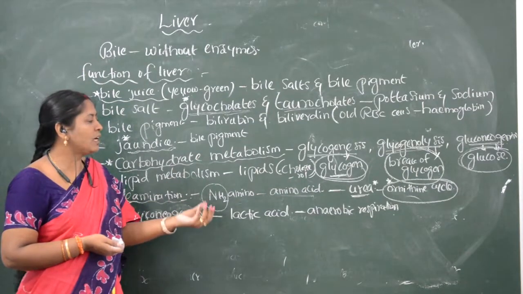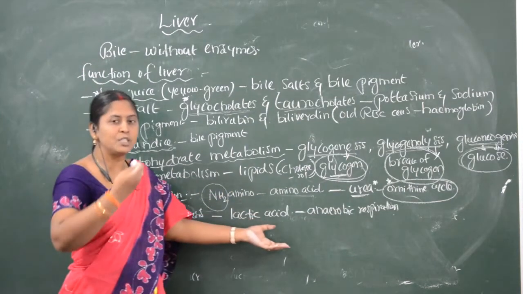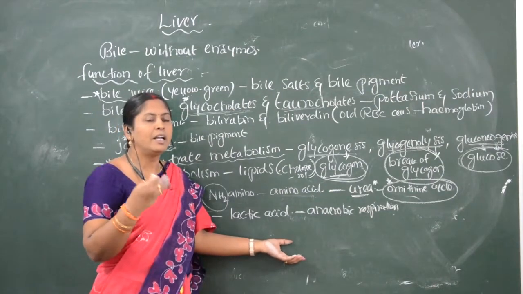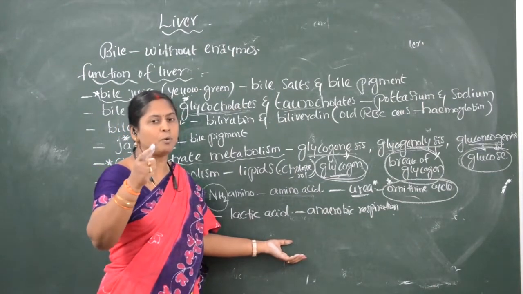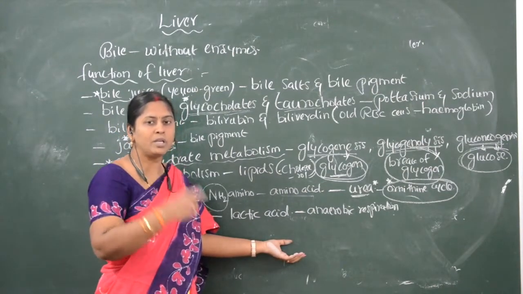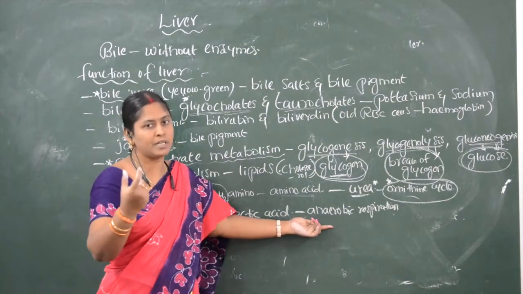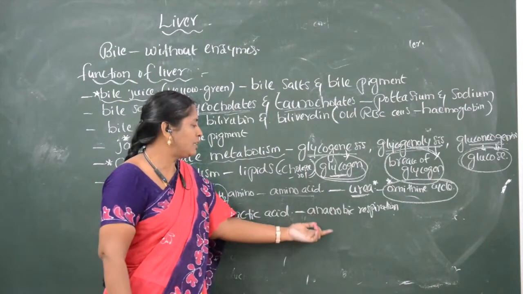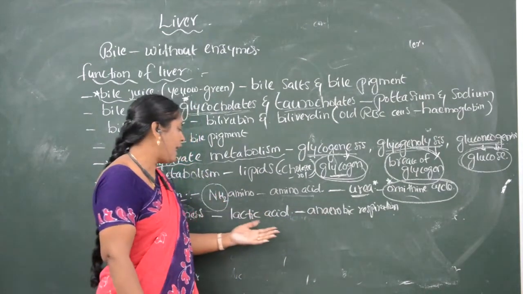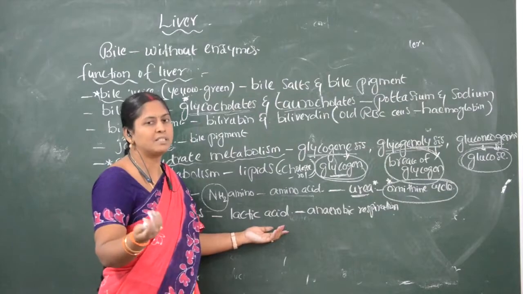When all the glucose is used up, the glucose content becomes low, and anaerobic respiration occurs. During anaerobic respiration, lactic acid is produced in the muscles.